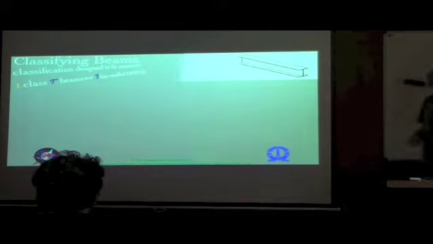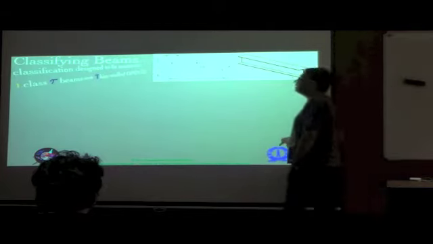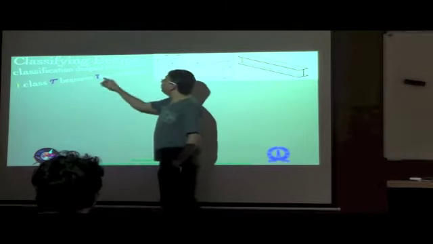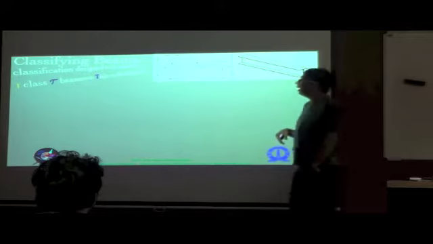So the first class that we will be talking about are the class T beams, where the T stands for thin. So thin-walled open cross sections is what we will restrict that class to.